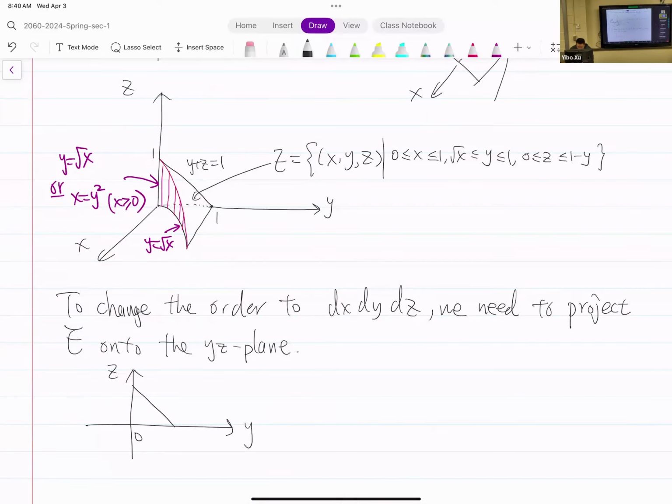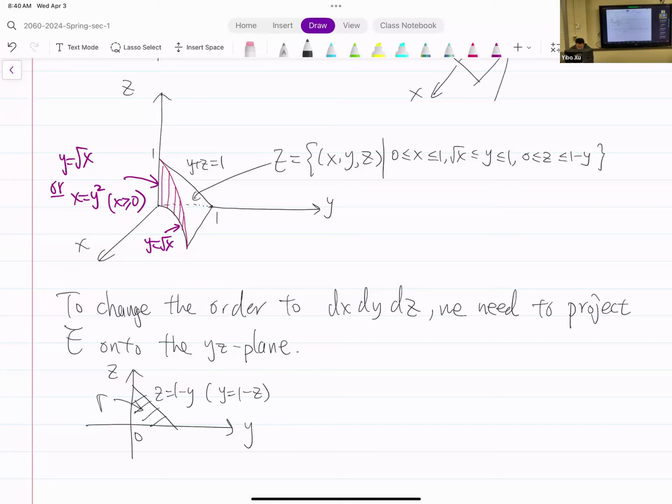So this is the line which is z equals 1 minus y, or y equals 1 minus z, depending on which variable you are solving it for. But basically, it's bounded by the axes and the line, right? So to shade it, okay.